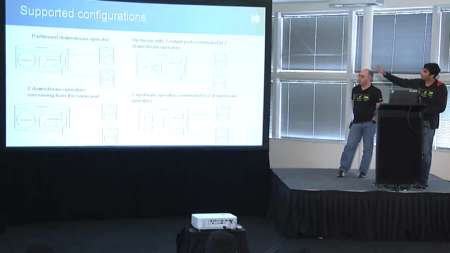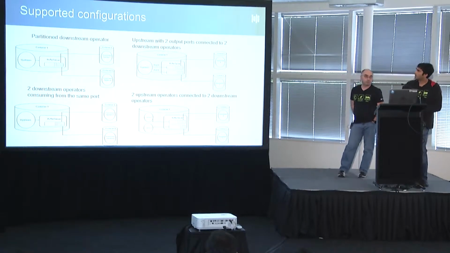We have a downstream operator which has two partitions, and there is one upstream. In the buffer server, you can see there is a buffer marked, and the tuples are flowing. Not all tuples will go to all the partitions. Based on the hash code that Pramod mentioned in the last talk, those tuples will be sent.